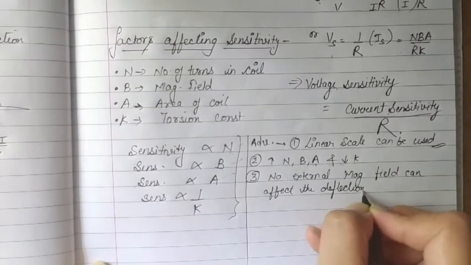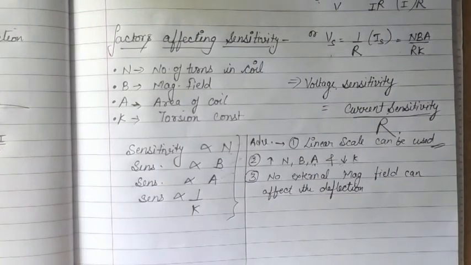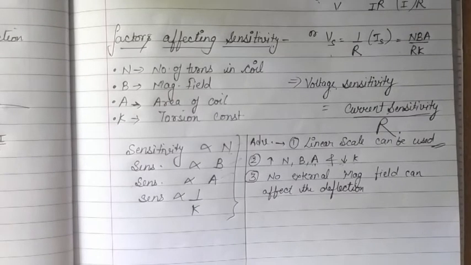Since we place the coil in the magnetic field of a powerful magnet, external magnetic fields are unable to disturb the deflection or cause any deflection in that coil.